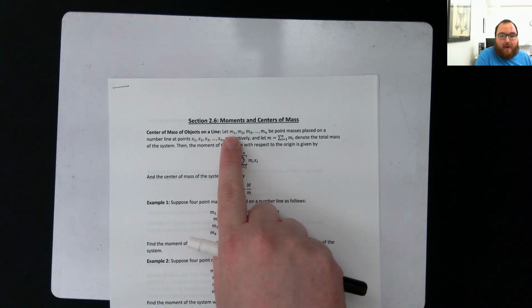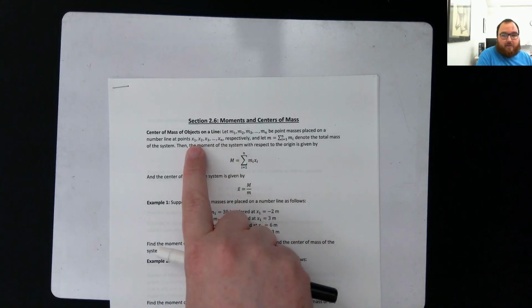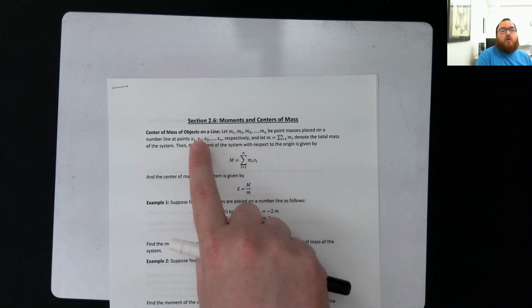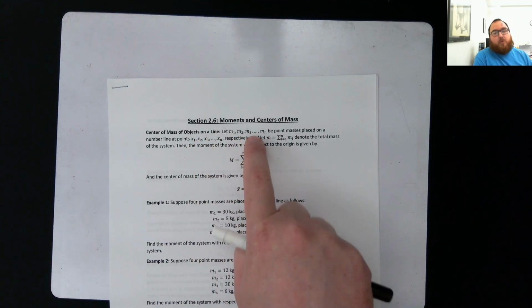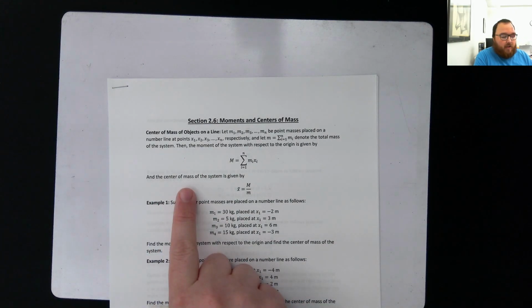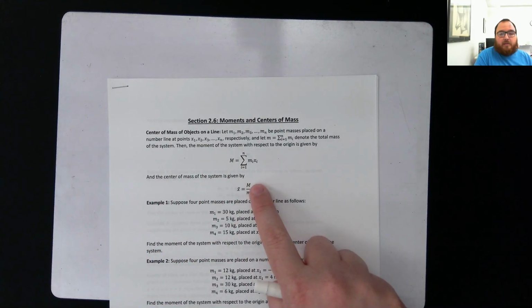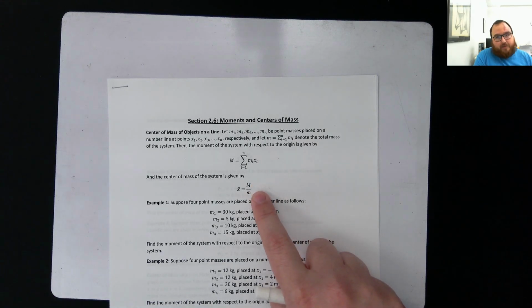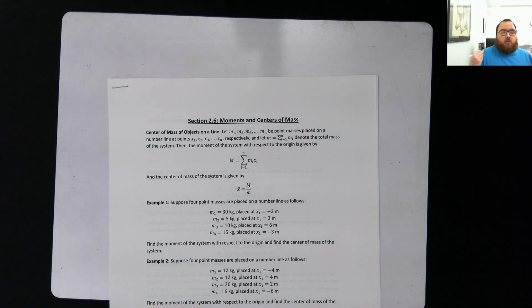So it's M1 times x1, plus M2 times x2, M3 times x3, on and on and on. The center of all of that is going to be the moment divided by the total mass. Okay? The notation here makes it look harder than it actually is. This math is not very hard at all.